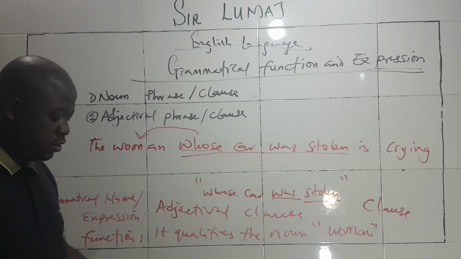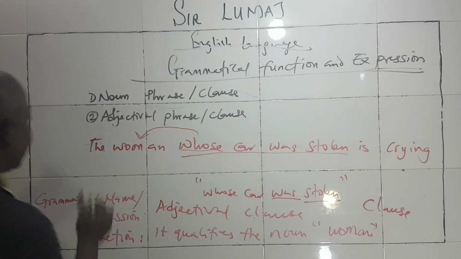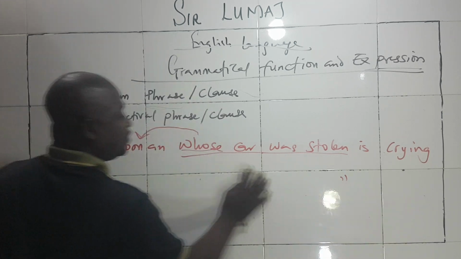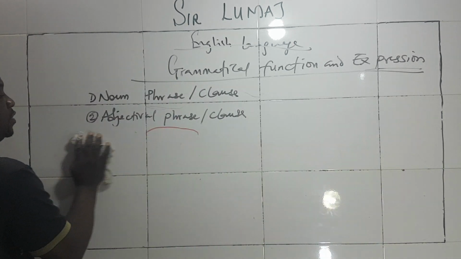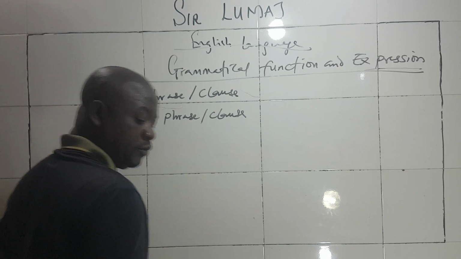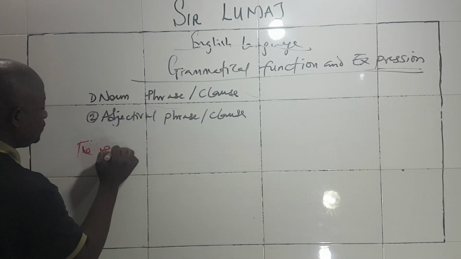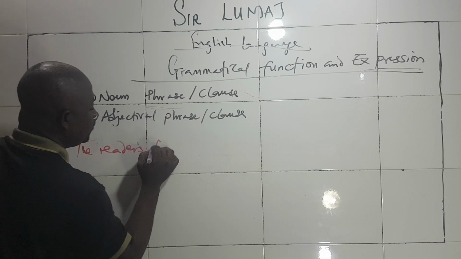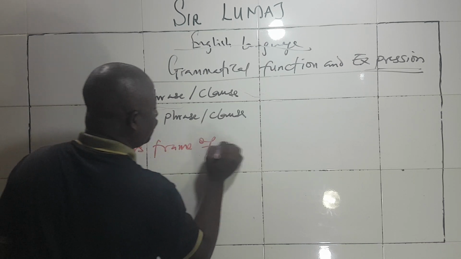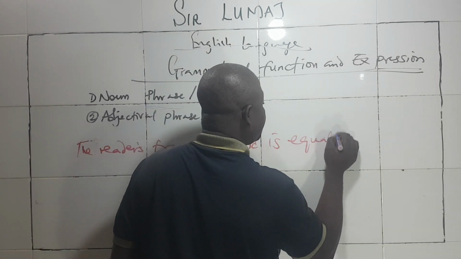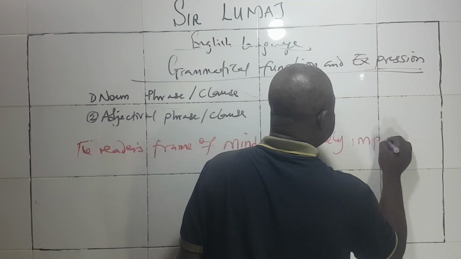Very simple. So let me quickly take us back to that noun phrase and clause. But I didn't tell us the function of that one. I only told us the grammatical expression of the: reader's frame of mind is equally important.